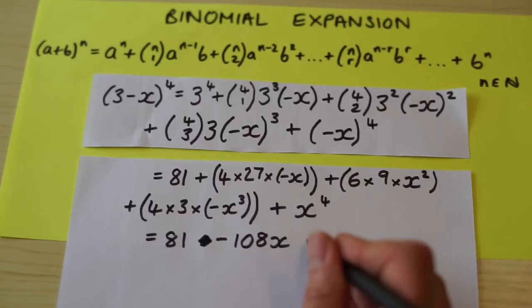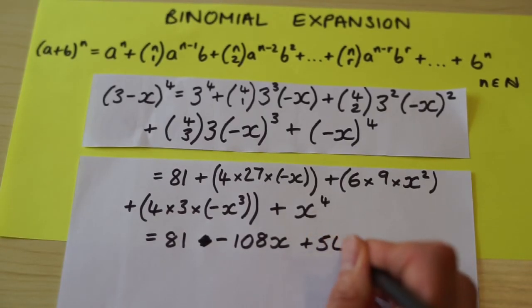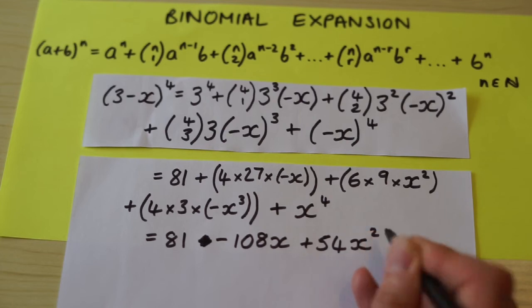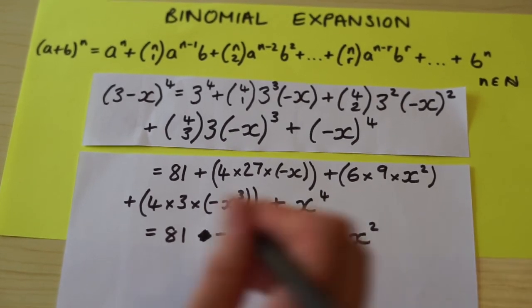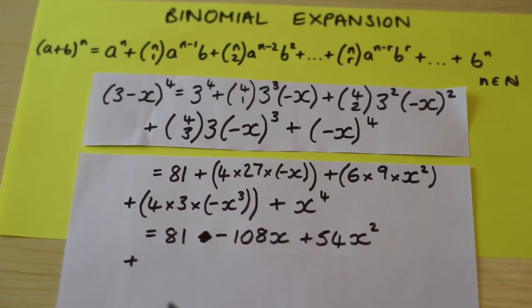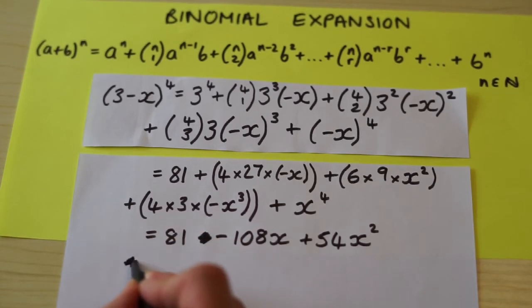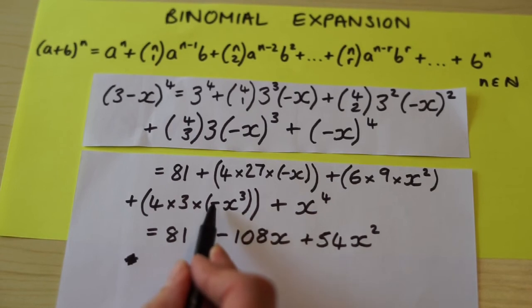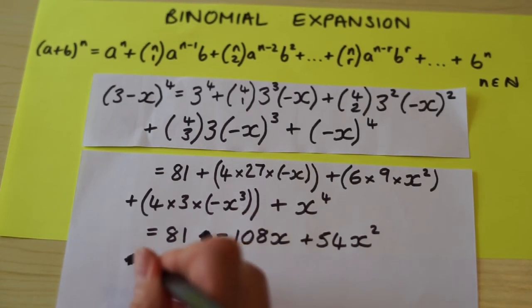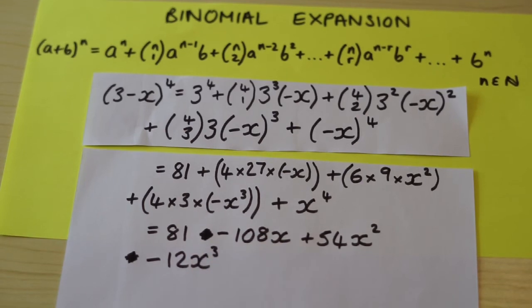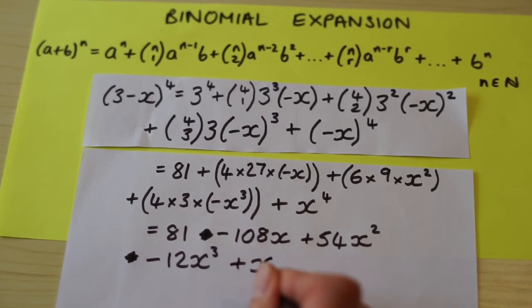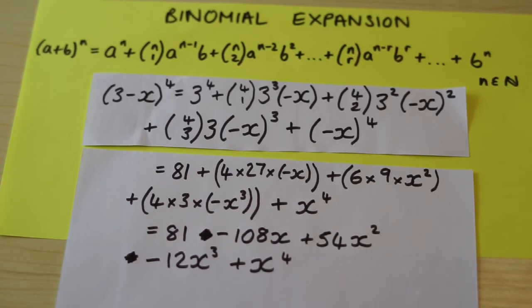And the next term, 54x to the power 2. And the next one, again I'll be a bit hasty writing this positive sign because we have the negative there. Negative 12x to the power 3 plus x to the power 4.